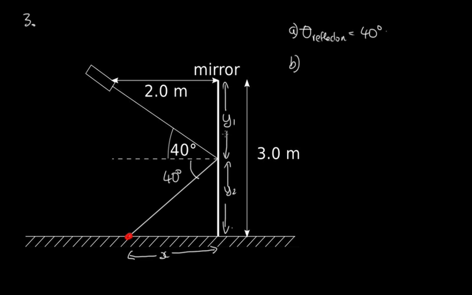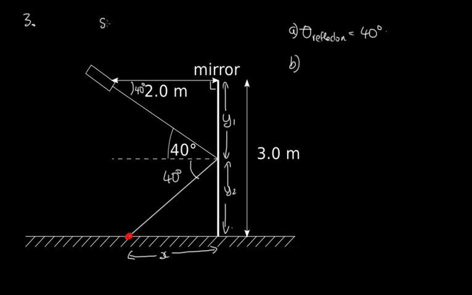Now to calculate Y1, we'll need to use trigonometry and just start off with some geometry. These two lines are parallel, so these are alternate angles on parallel lines, so that's 40 degrees up there. The other way to work that out is that this is 90 degrees, so this angle in here is 50, this angle up here is 90 degrees, so 90 plus 50 plus whatever this angle is has to be 180 degrees because it's a triangle, so that tells you that that is 40 degrees as well.